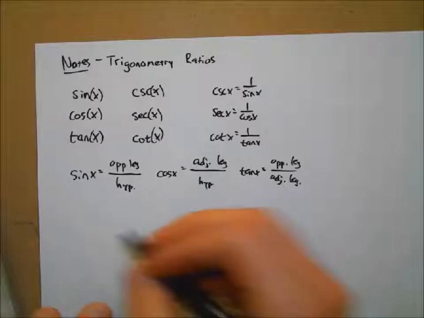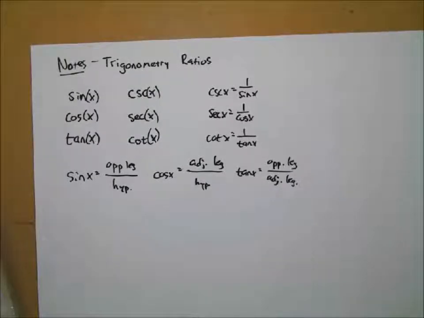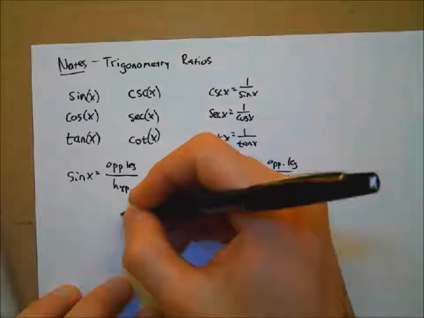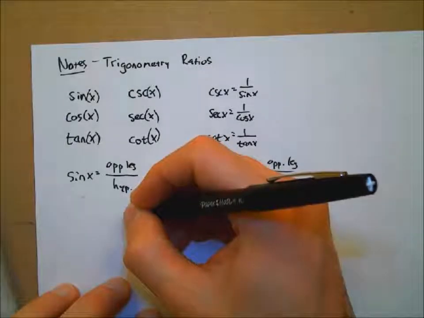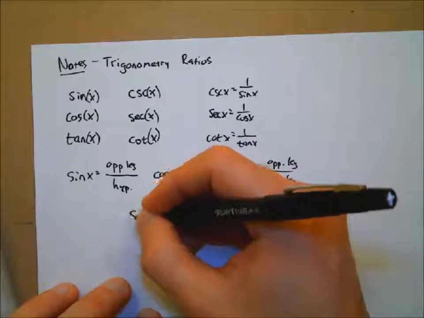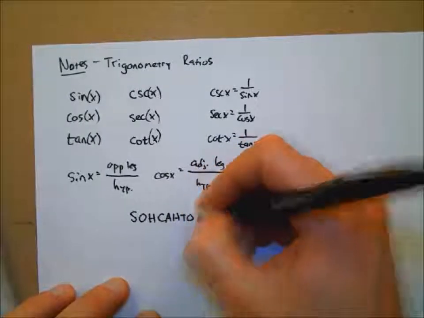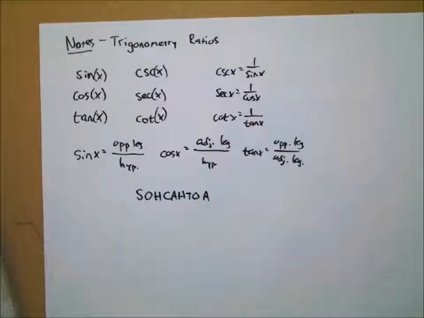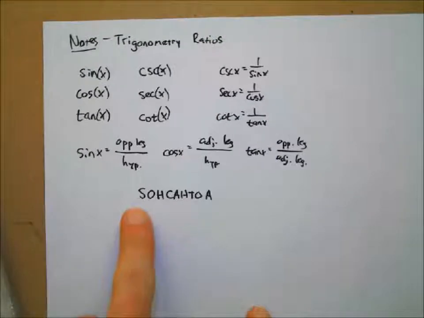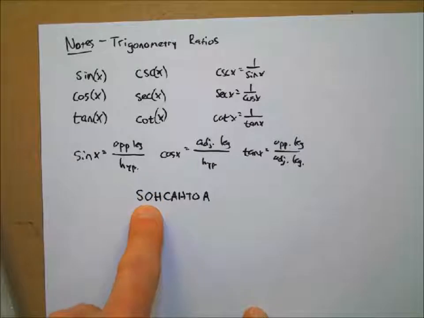Of course, we have a mnemonic device. What's the word we use to help us remember this? SOHCAHTOA. Sine is opposite leg over hypotenuse.